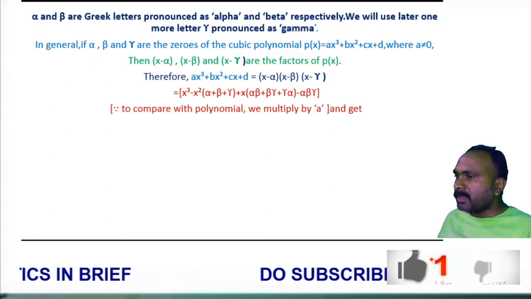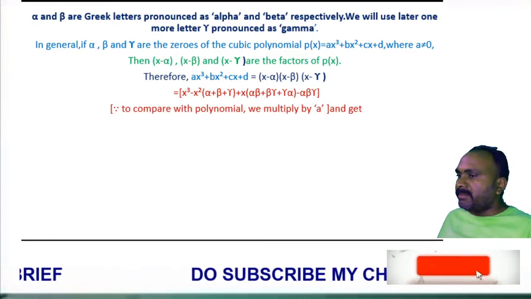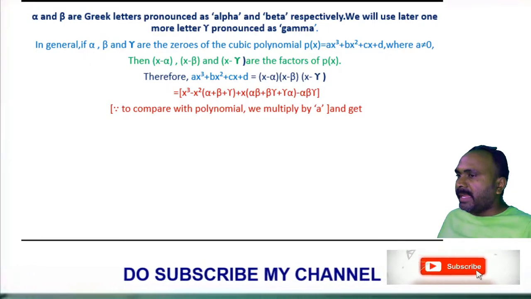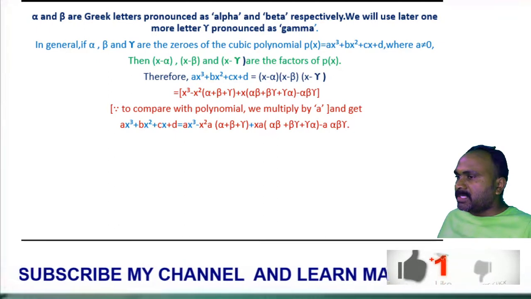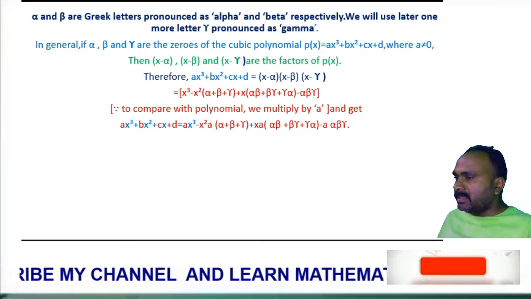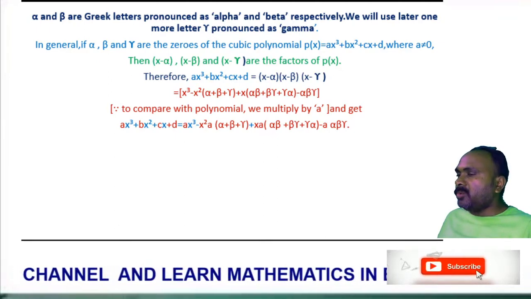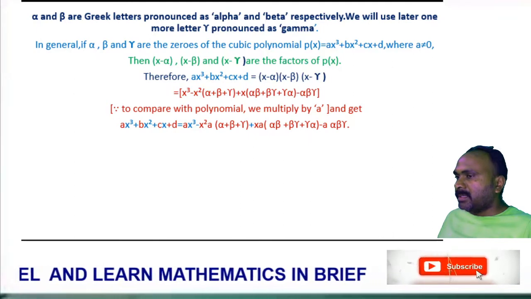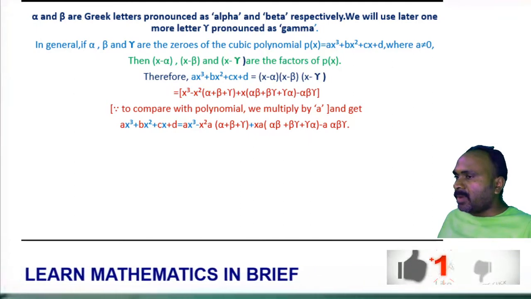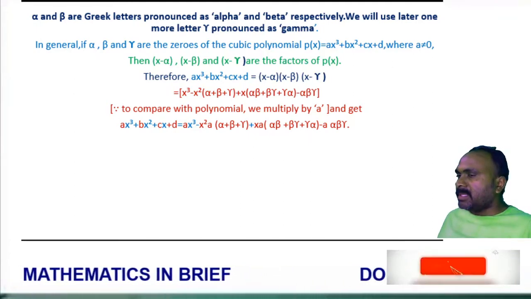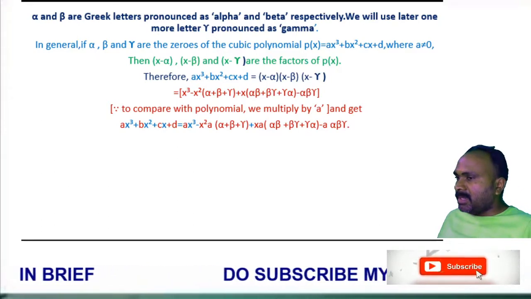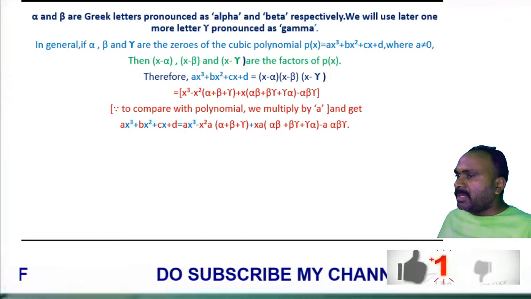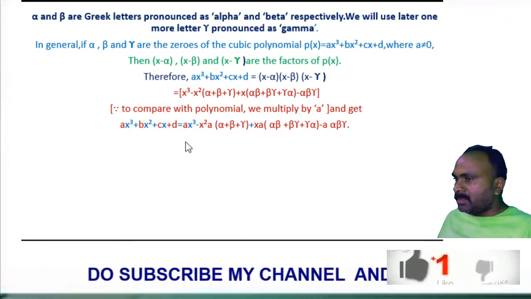Compare with the polynomial: we multiply by a and get ax cube plus bx square plus cx plus d equals a into x cube minus x square into a into alpha plus beta plus gamma plus x into a into alpha beta plus beta gamma plus gamma alpha minus a into alpha beta gamma.